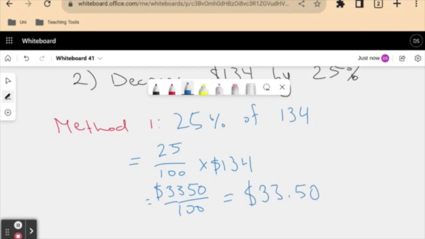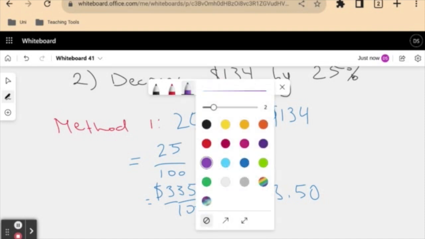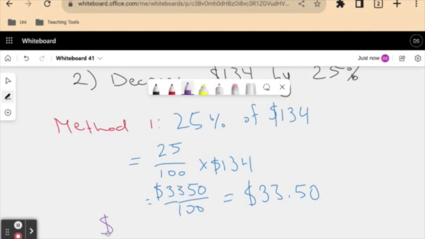$33.50. And now we want to decrease. Sorry, I forgot to put this dollar sign here. We want to decrease our whole, our $134, by our 25% fraction. So let's subtract one from the other. And we will end up with 134 minus 33.50.